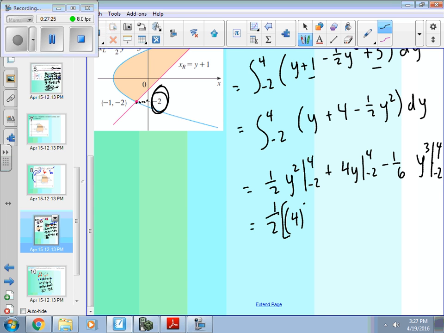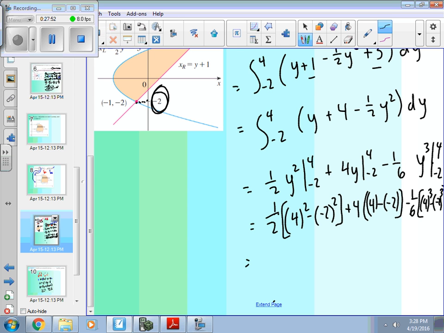4 squared minus negative 2 squared plus 4. It's going to be 4 minus negative 2 minus 1/6. And we got 4 to the third minus negative 2 to the third.